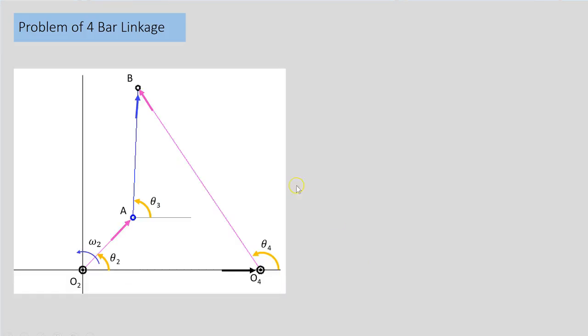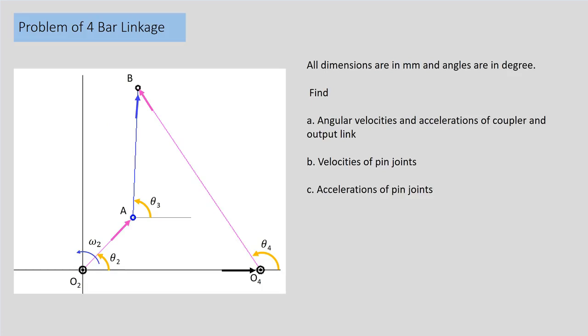If we draw this diagram and look at the problem statement, it says all the dimensions are in millimeters and angles are in degrees, and you are asked to find the angular velocities and accelerations of the coupler and output link.